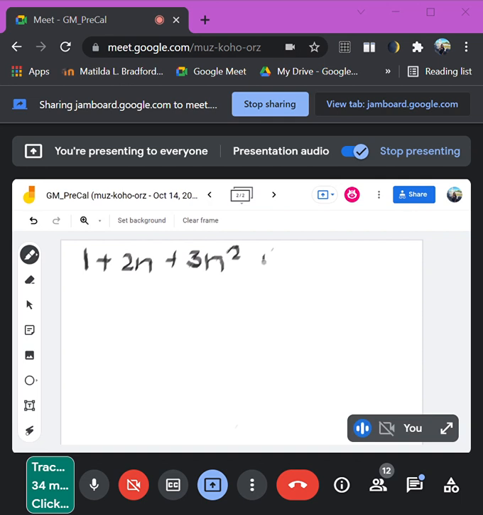Okay, so remember that for your values of n, you substitute 1, 2, 3, 4, and 5. And then you will get the values. So you have there 1 plus 2 times 1 plus 3 times 1 squared.